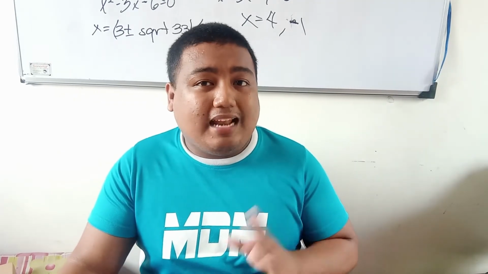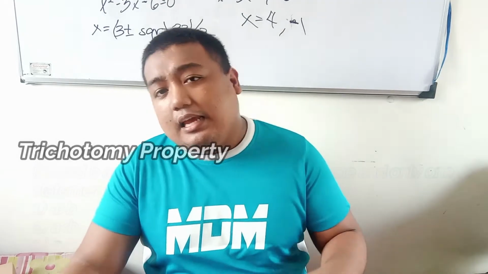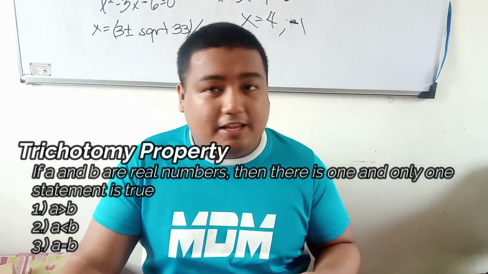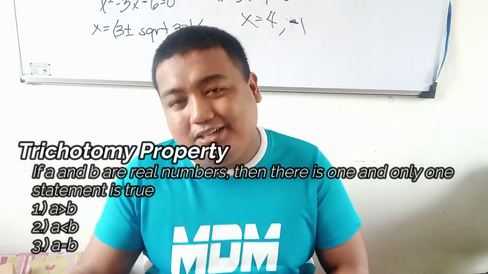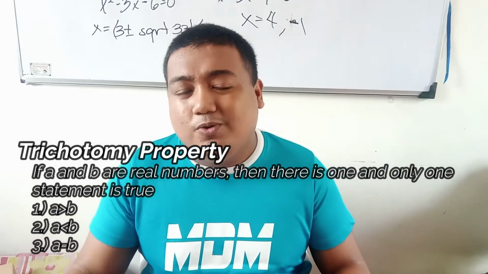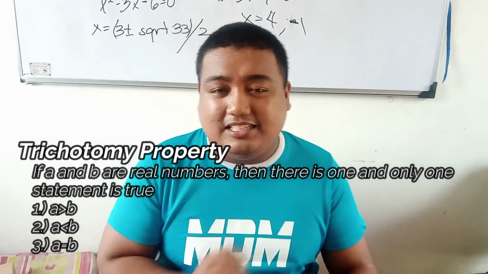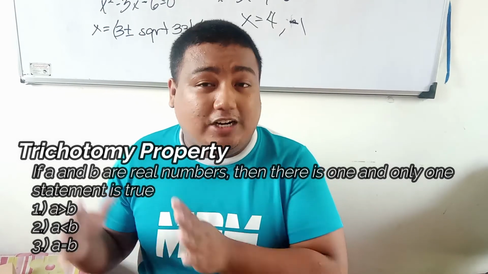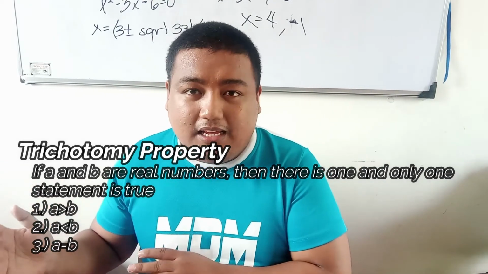When we are talking about trichotomy property, if A and B are real numbers, then at least one and only one are true. It's either A is greater than B, A is less than B, or A is equal to B.